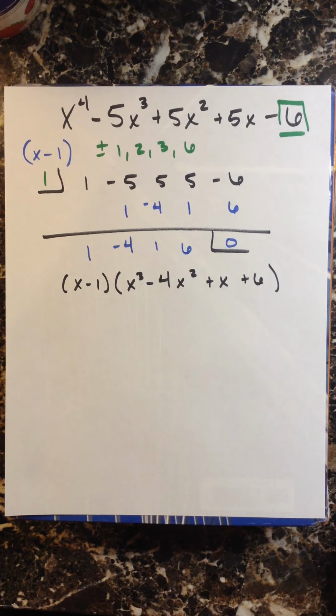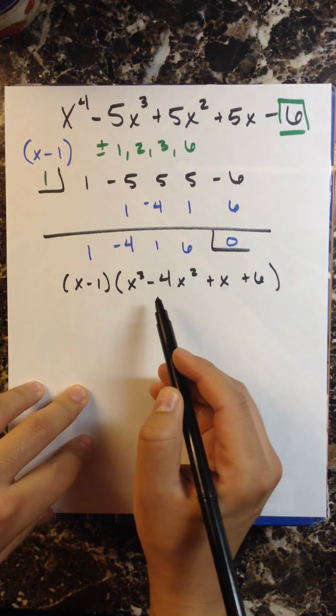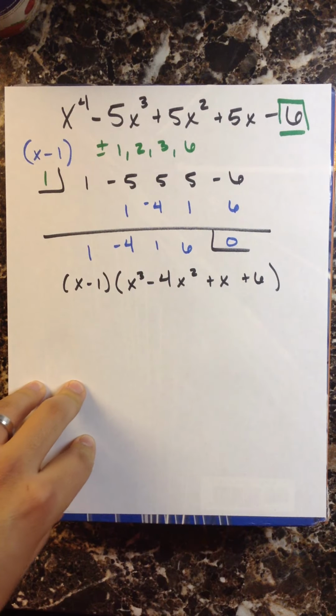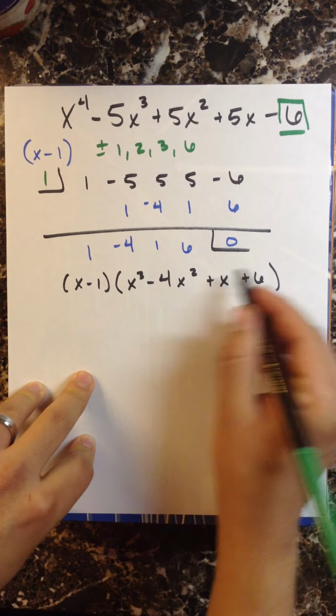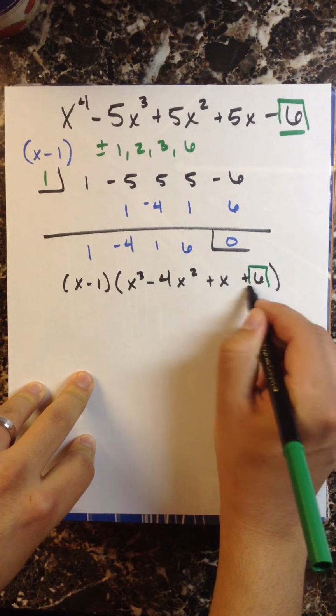Okay, so now we got one step further. We found a factor, but we're not done, because we're left with a cubic that we have to factor. So we'll do the exact same thing here, and we'll work with a 6 again.